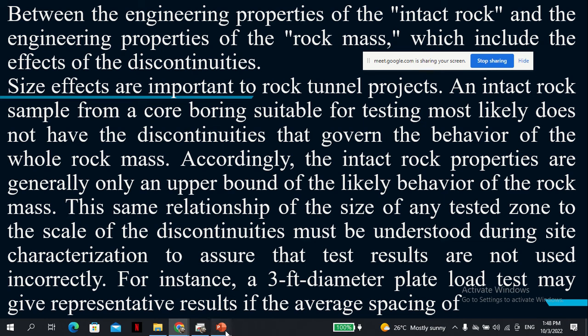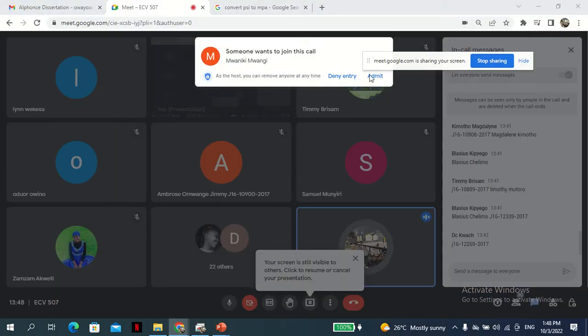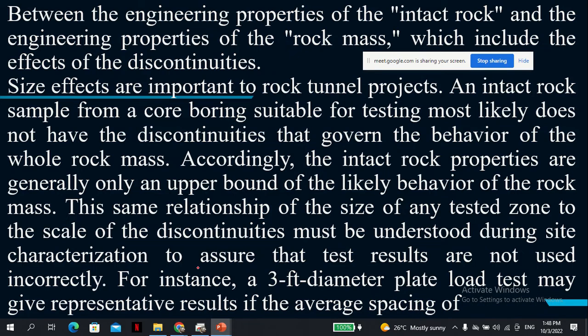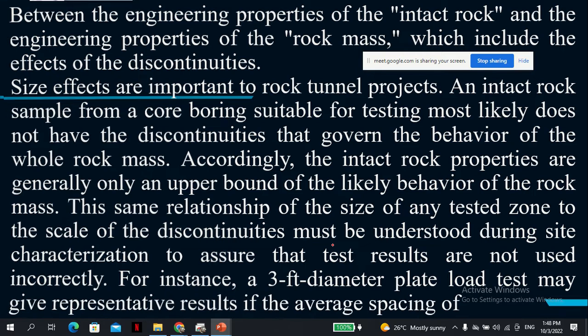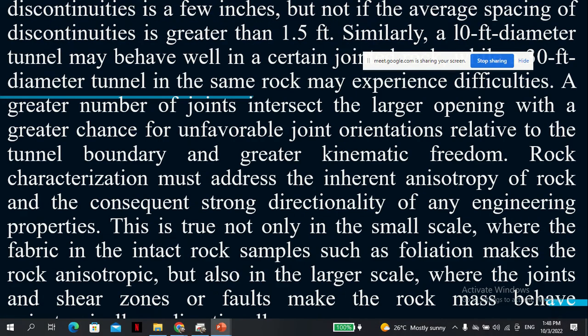For instance, a 3 feet diameter plate load test may give representative results if the average spacing of discontinuities is just a few inches, but not if the average spacing of discontinuities is greater than 1 foot.